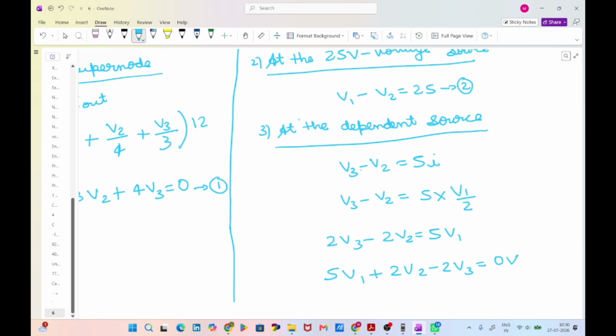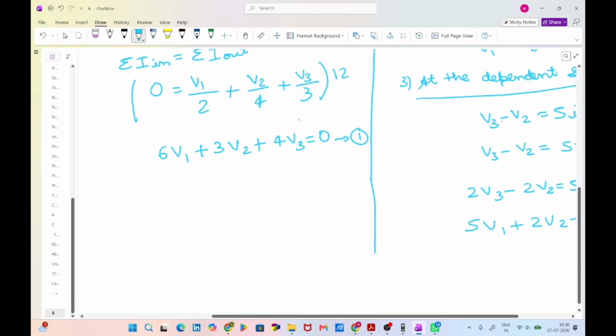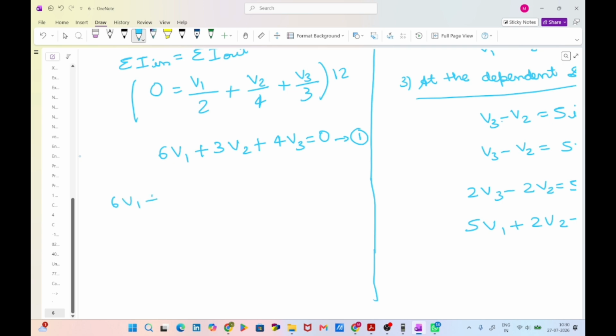Let us write the three equations here. 6V1 plus 3V2 plus 4V3 is equal to 0.